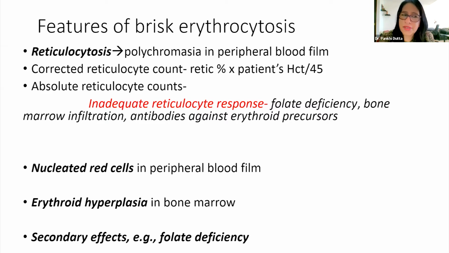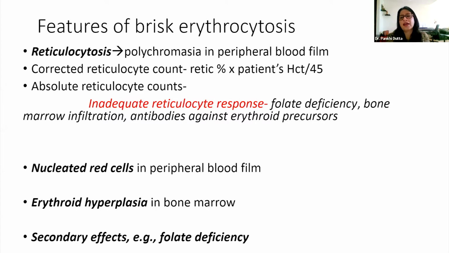Nowadays, in our laboratory, we have started relying on absolute reticulocyte counts, but you need to get used to it. We are not used to those values. Sometimes, however, even with hemolysis, there might be an inadequate reticulocyte response. So if the retic is not high, it doesn't mean that there is no hemolysis. There can be nutritional deficiencies like folate.